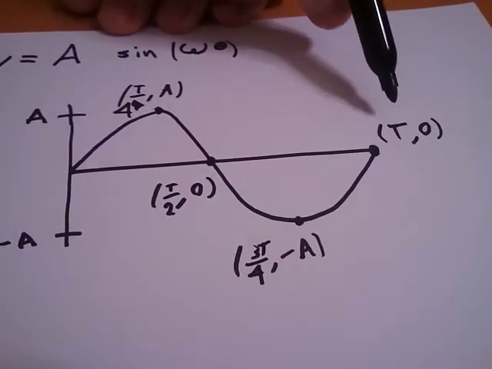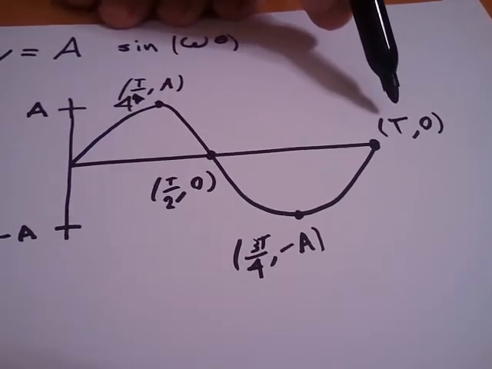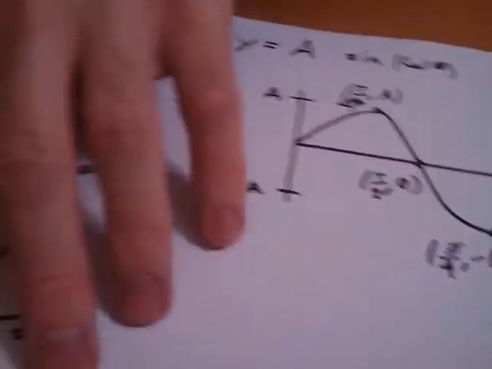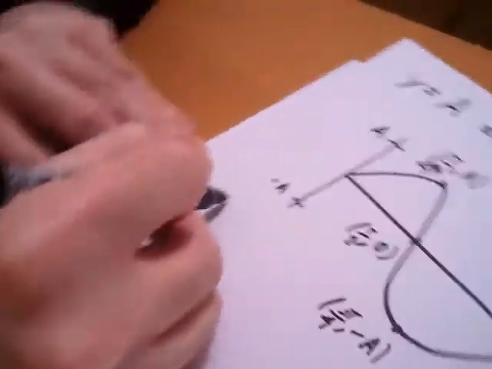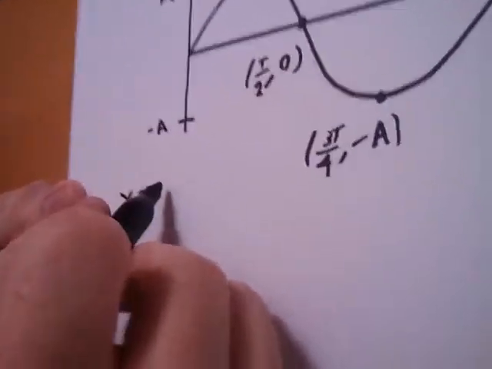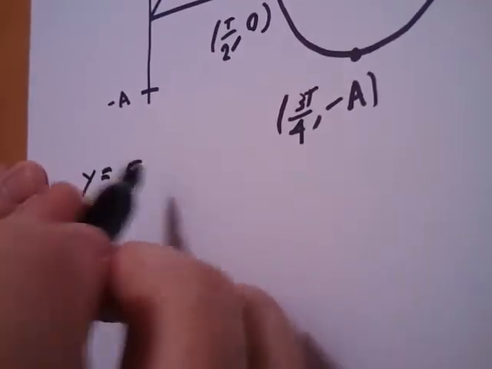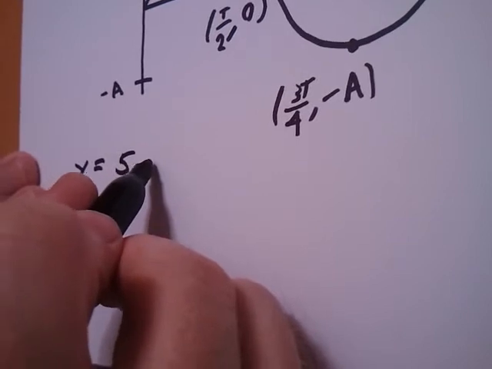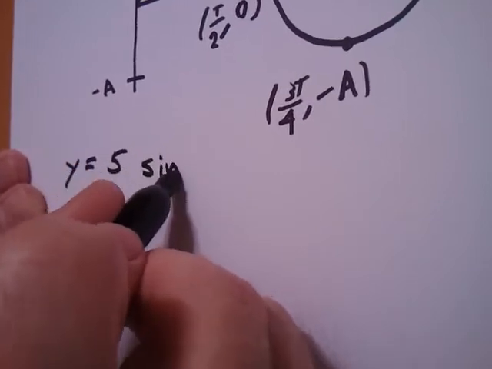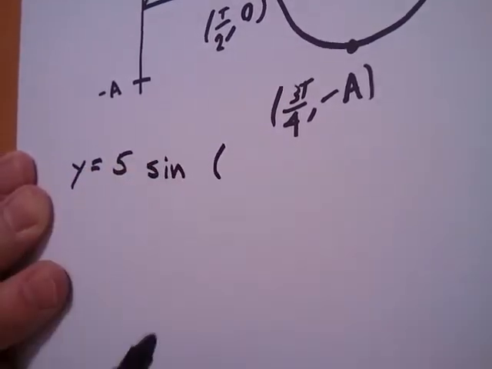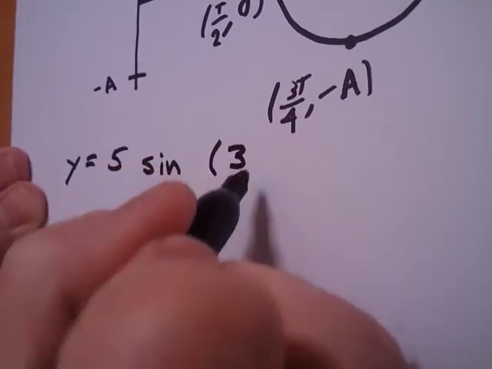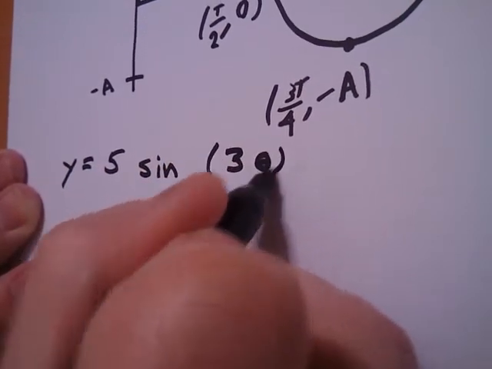And then, like we said, that's the full thing, that's T. And how this would look, if we've got an equation, let's say y equals, how about 5 times the sine of, let's do 3 theta.